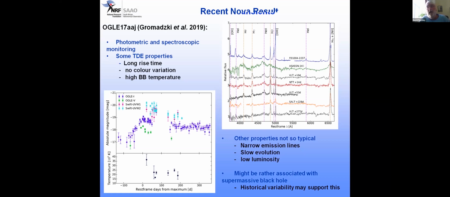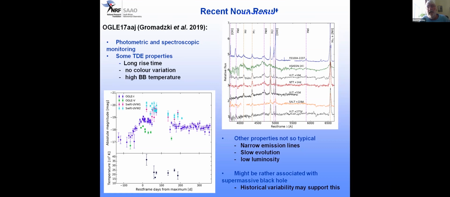And these have predicted achromatic light curves and changes in spectral line behavior. This is an example of one such object, which is not clear that it really is a TDE, that it might actually be consistent with another type of transient.